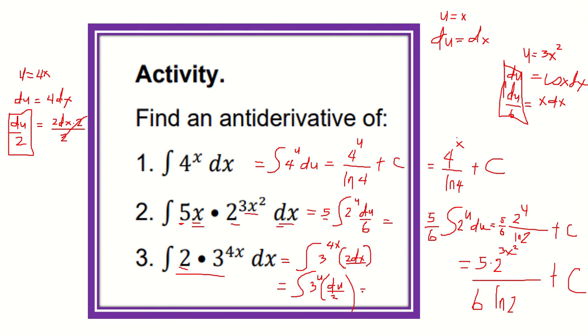So take out the 2, that is 1/2. The integral of 3 to the u is 3 to the u over ln of 3. So the result is 1/2 times 3 to the power of 4x over ln of 3.